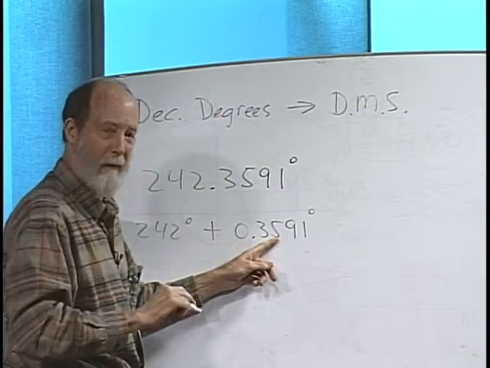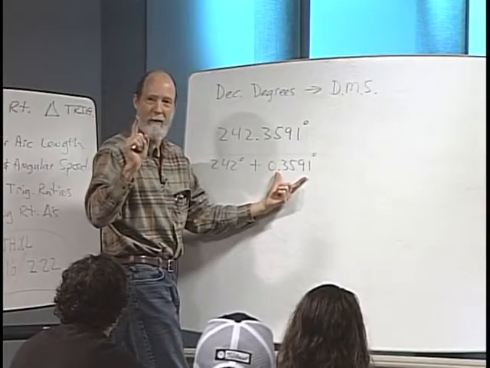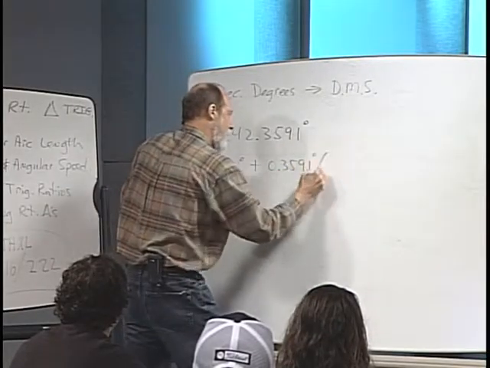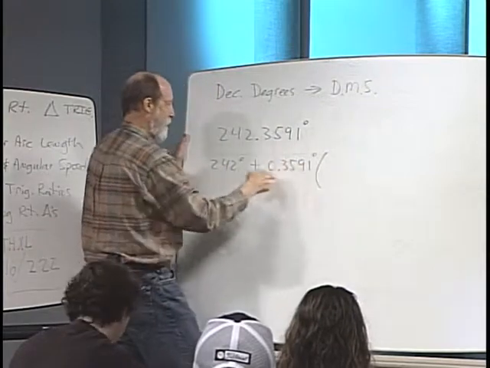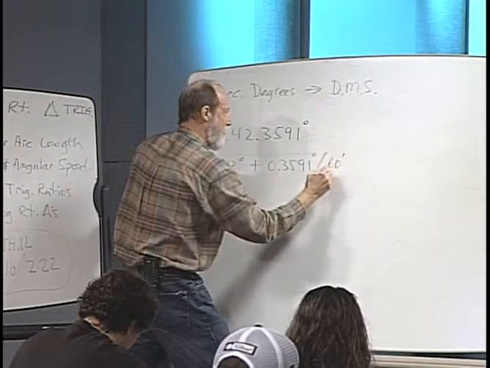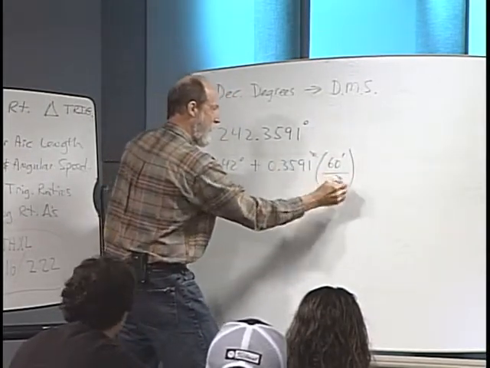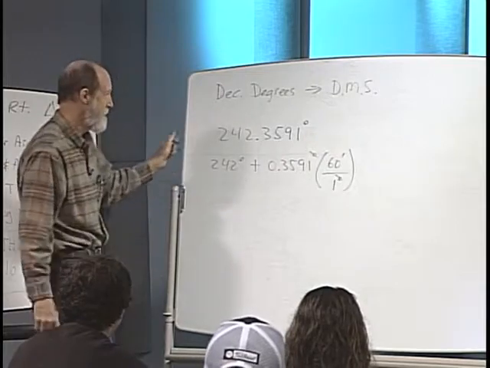Okay, so watch what happens when we actually do the math. We have in our brain a feeling for the answer. We tag a conversion factor onto just this portion, and we know that there are 60 minutes in 1 degree. Now our degree units reduce out.